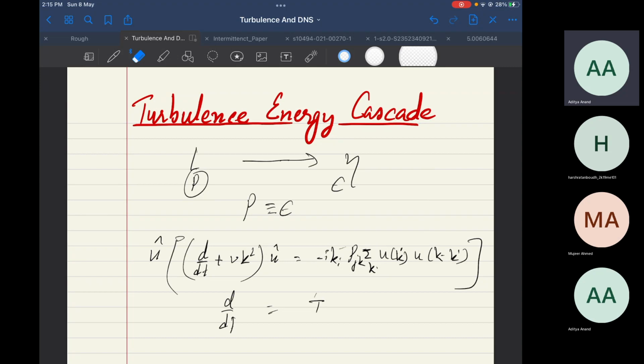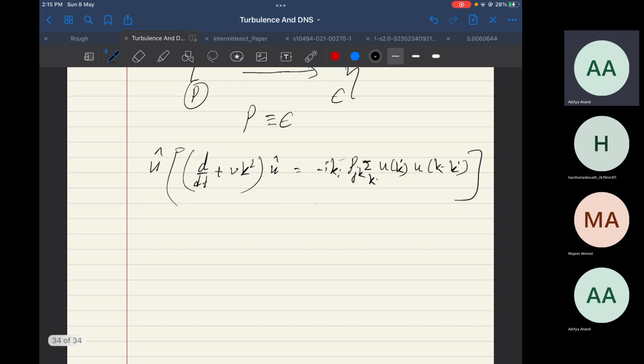Oh no! Before you get the energy equation, you apply a filter to this velocity field. If you apply a filter to this velocity field, you're basically decomposing this velocity field into a large scale velocity field and a small scale velocity field.